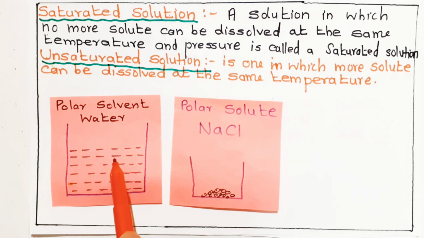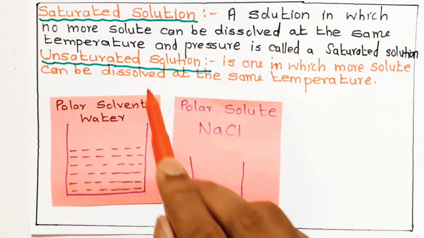That sodium chloride will get dissolved into this water so that you will get sodium chloride solution. And this much water can even dissolve the left out quantity of sodium chloride. Right? So this type of solution is called unsaturated solution.